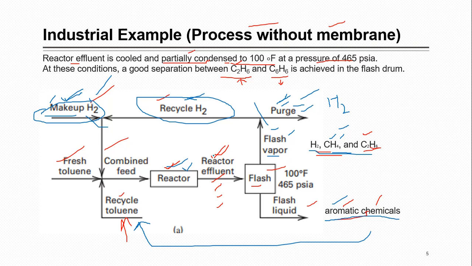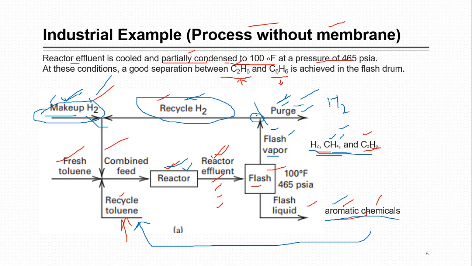This was a conventional method which was without membrane, because what you can see here, there is no membrane inside the system. And where we can install a membrane, by the way, can you think about it? This point where you are separating our flash vapor, they contain majorly hydrogen and methane, and some part of ethane is there.